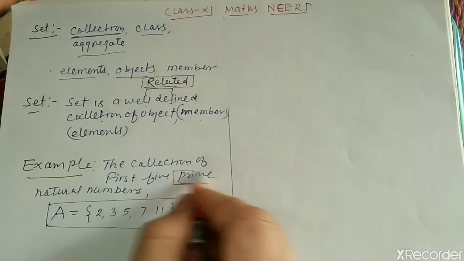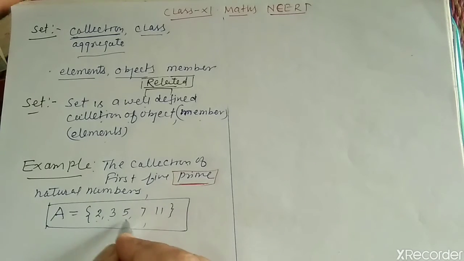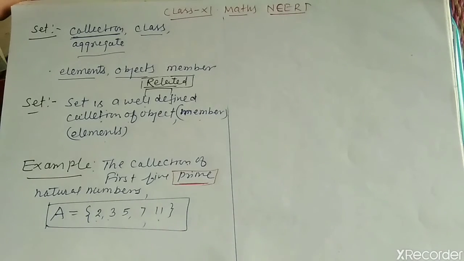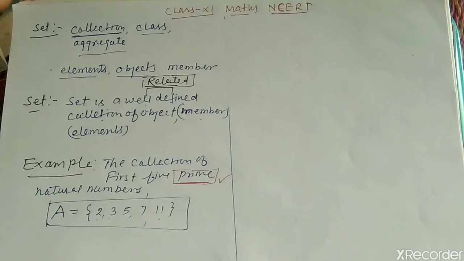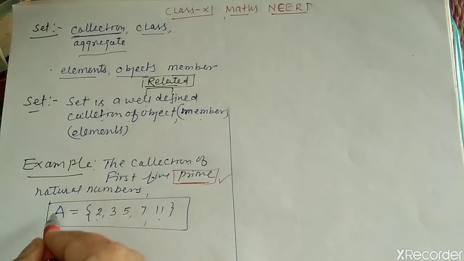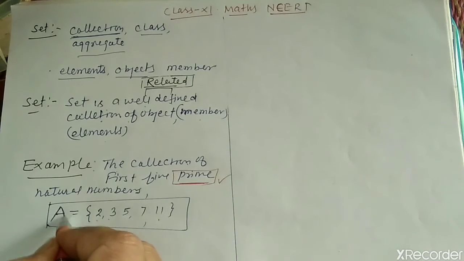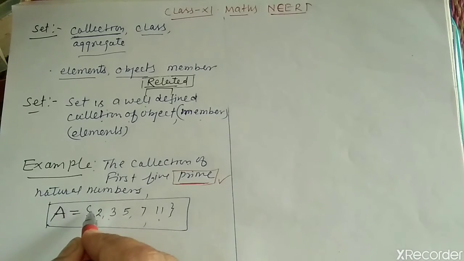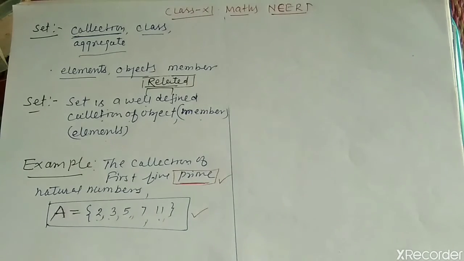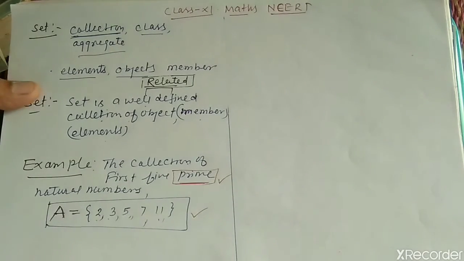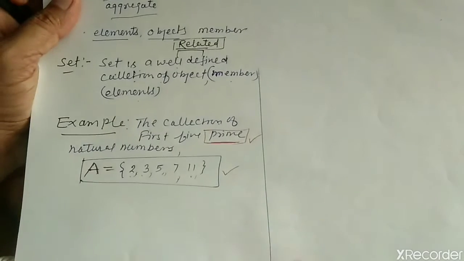So, what is the relation? 2, 3, 5, 7 and 11 are related, that they are prime numbers, clear. So, we are collecting the first 5 prime numbers and we write them as capital letter is equal to curly bracket 2, 3, 5, 7, 11. So, this is the representation of set.